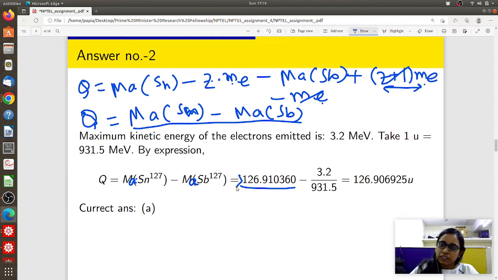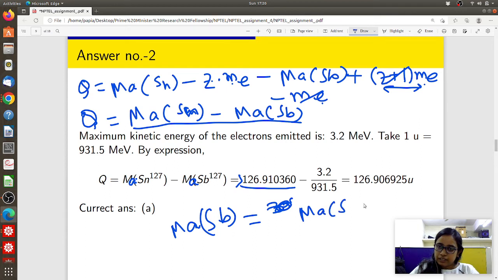Basically it will be like that, Ma Sb equals Ma Sn minus Q. So Q will be 3.2 divided by 931.5, because Q is in that MeV range, 3.2 MeV is there.